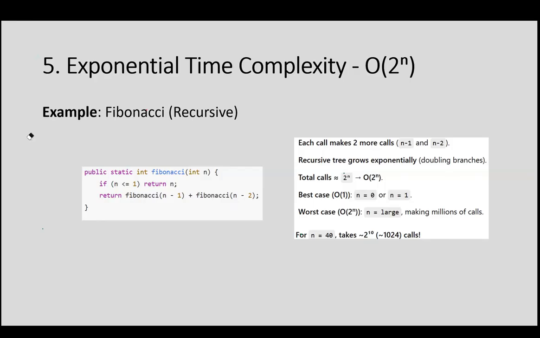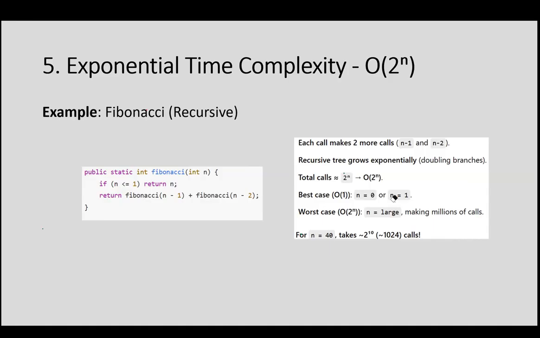So that is why the base case is given here, f of 0 and f of 1, which is when the value of n is 0 and when the value of n is 1, because Fibonacci of 0 will be considered as 0 and Fibonacci of 1 is considered as 1. Now, when the n value is very large, then the worst case scenario would be of 2 raised to n.